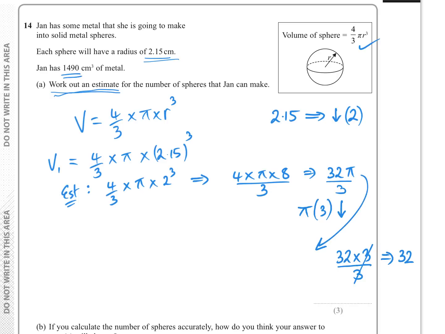And I'm going to say that as an estimate that is 30, which is another rounding down.